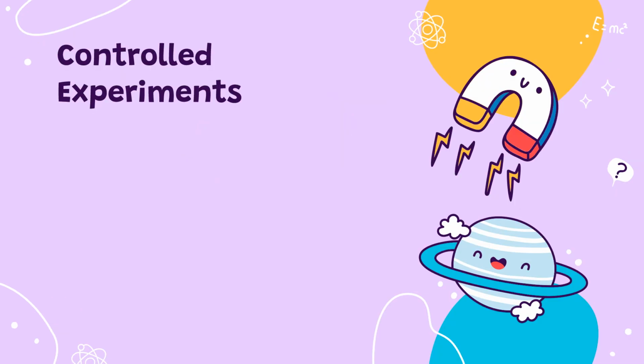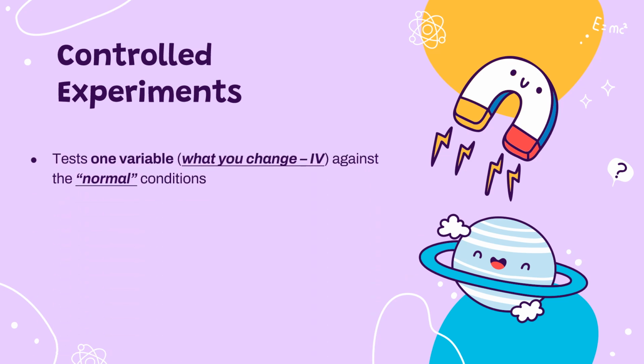Now let's get into our controlled experiments, kind of break this down. So like I said, in a controlled experiment, before you even get there, you want to make sure that you are narrowing down the question that you want to ask. And what you really want to do is get this down to one variable, one thing that's different against quote unquote normal conditions.